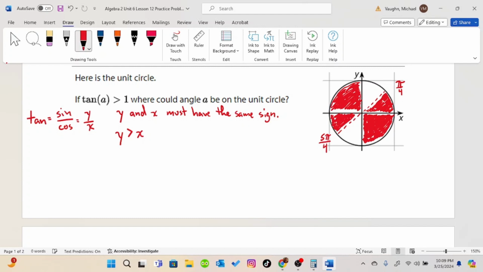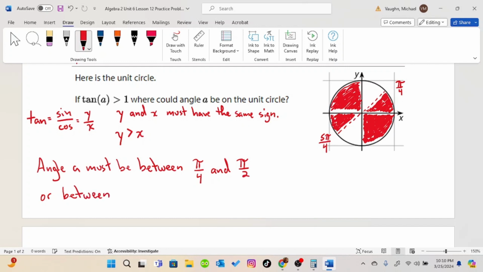So the only areas left: angle A must be between pi over 4 and pi over 2, or between 5 pi over 4 and 3 pi over 2.